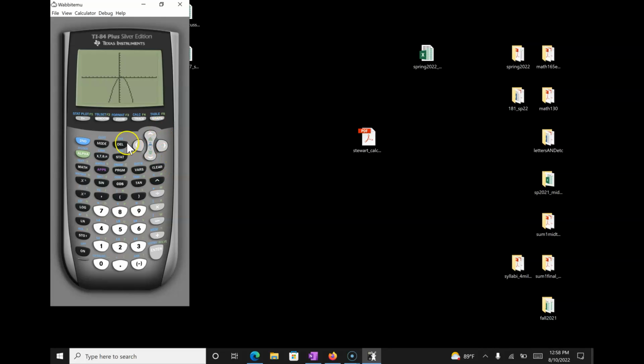And I go to second, calculate, hit number 7 for integrate, tell it my lower limit and hit enter, tell it my upper limit and hit enter, and then it shades the area onto the curve. And again, it's from curve to x-axis, right? So area underground is negative. Yes?